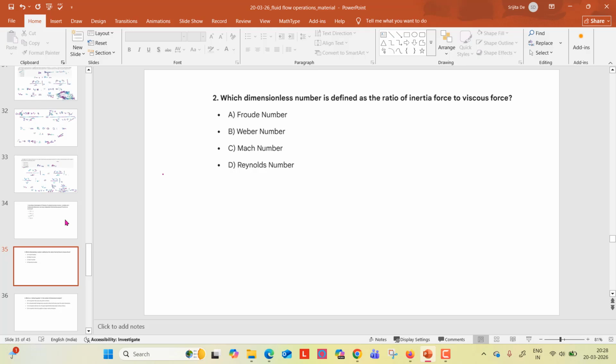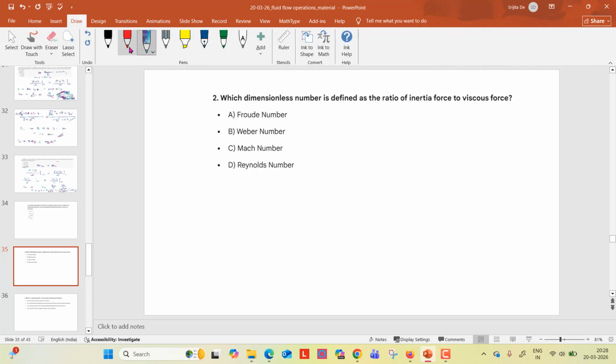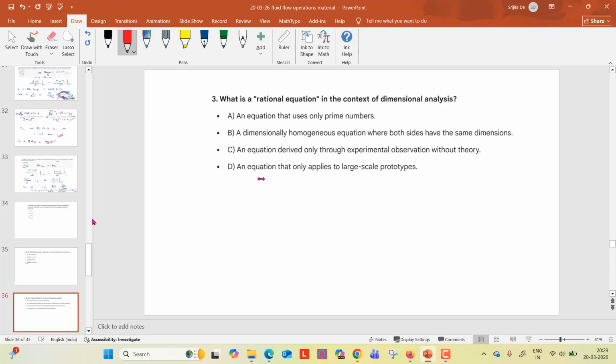Next, which dimensionless number is defined as the ratio of inertial force to viscous force? We have been doing this since the beginning of the class, it is nothing but the Reynolds number. Next, what is a rational equation in the context of dimensional analysis?